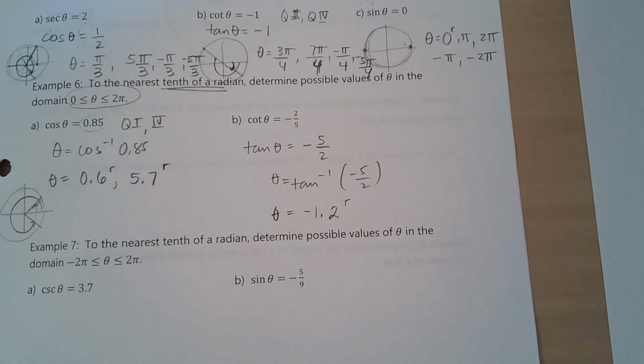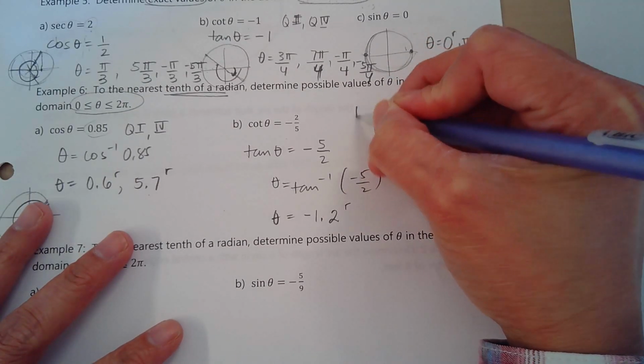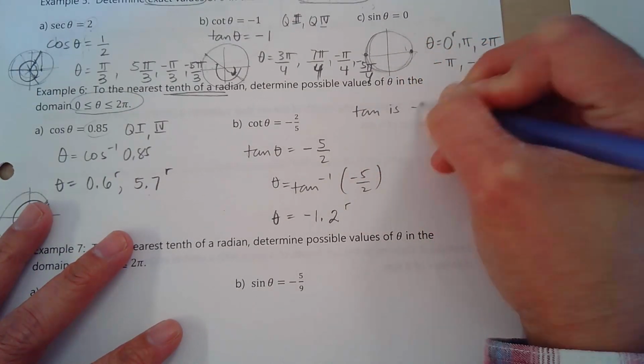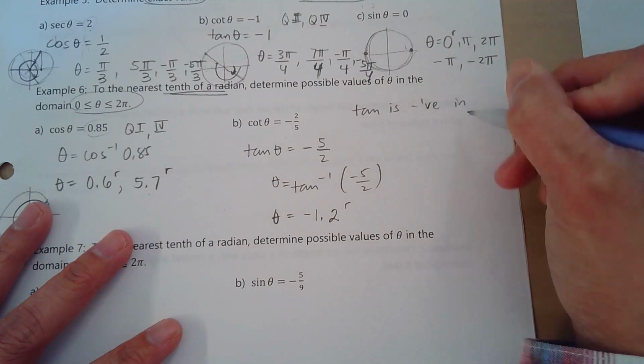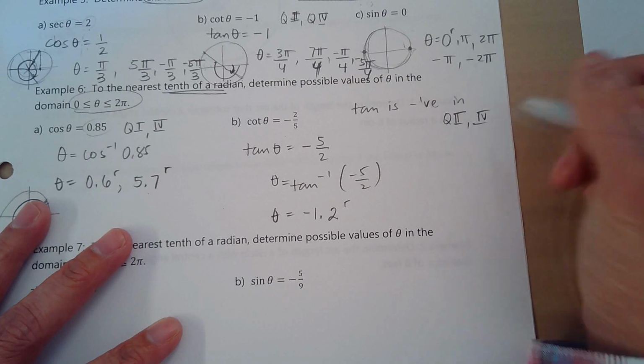Now, negative 1.2 radian, where is that? We've got to ask ourselves, where is tan negative? Quadrant 2 and quadrant 4.